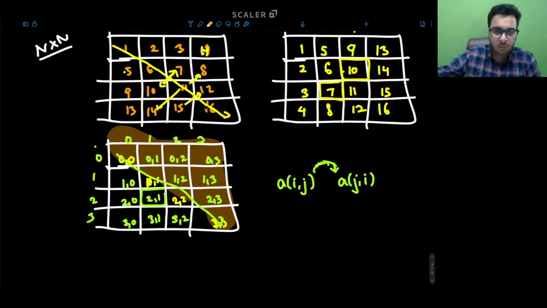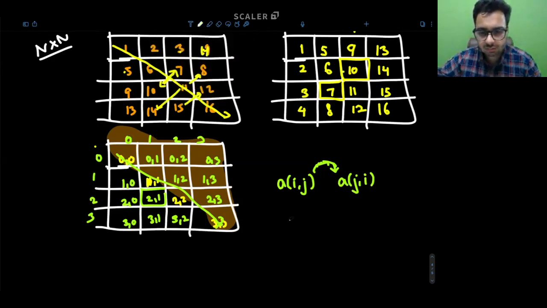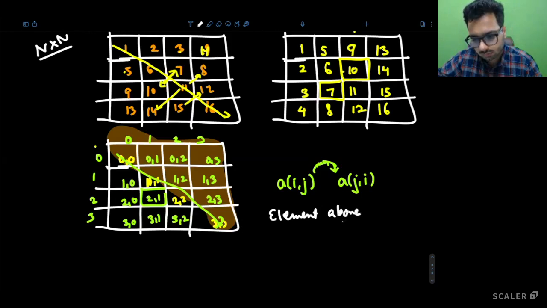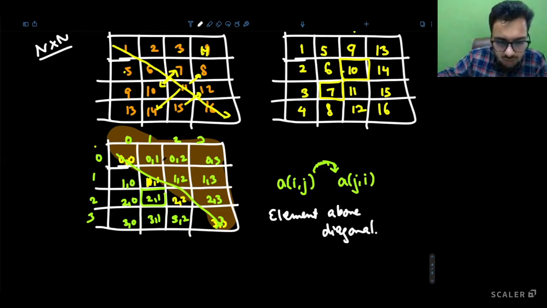What is the property of the elements which are above the diagonal? How do I get to know whether an element is above the diagonal or not? If you look carefully, the column number, that is j, is greater than i.